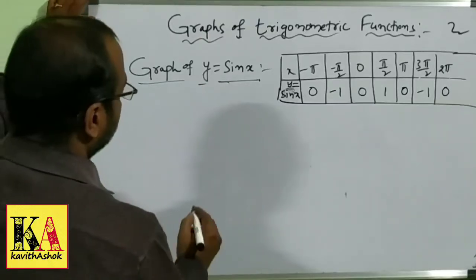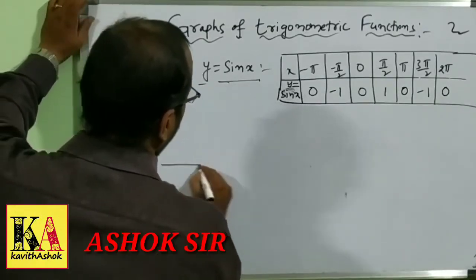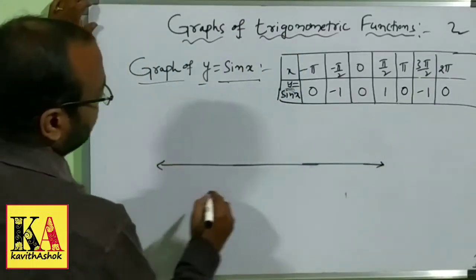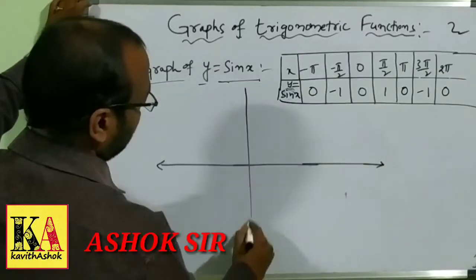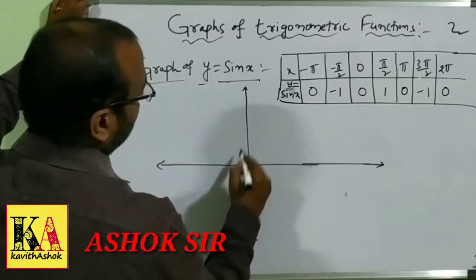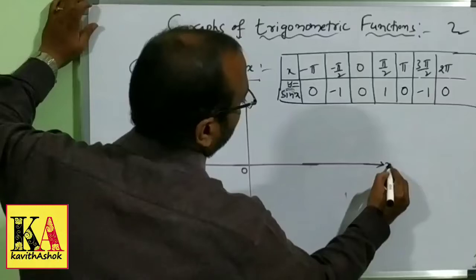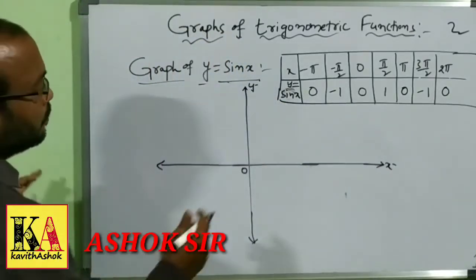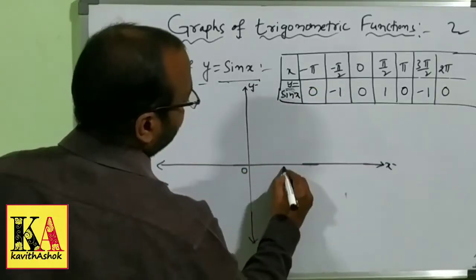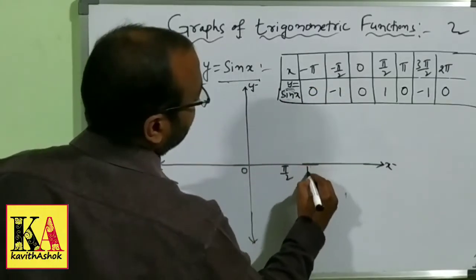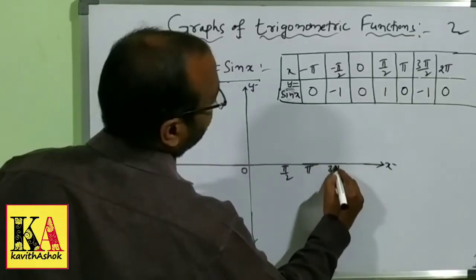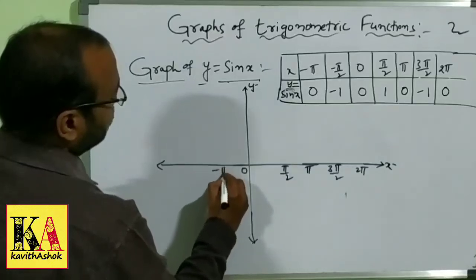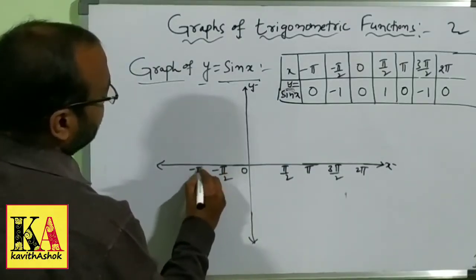Now the graph of y is equal to sin x. This is the x-axis and this is the y-axis. Mark 0, pi by 2, pi, 3 pi by 2, 2 pi, and on the negative side, minus pi by 2, minus pi.